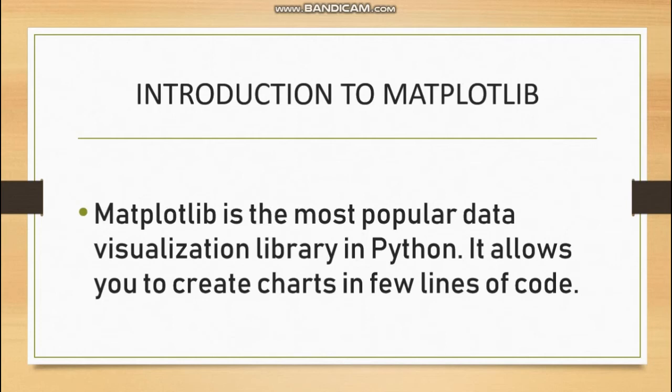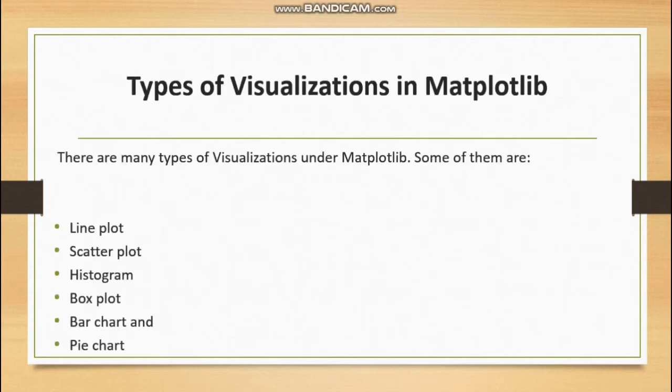So let's see the types of charts or types of visualization in Matplotlib. There are many types of visualization under Matplotlib. Some of them are listed below: line plot, scatter plot, histogram, box plot, bar chart, and pie chart.